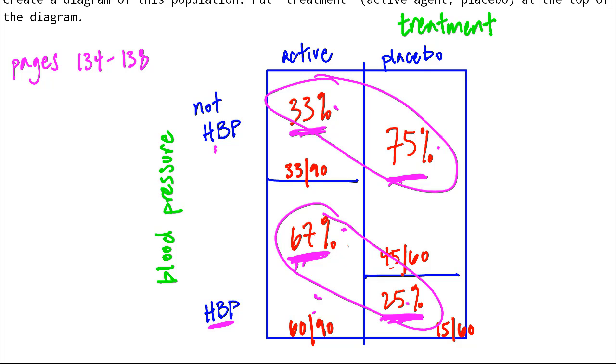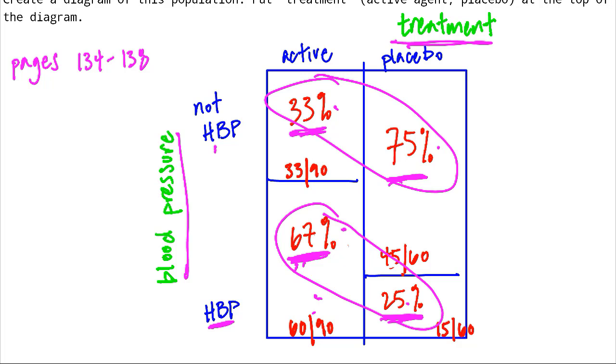Actually, I shouldn't say it that way. When there is a difference there, that means that the variables themselves, which are of course treatment and blood pressure, are associated.